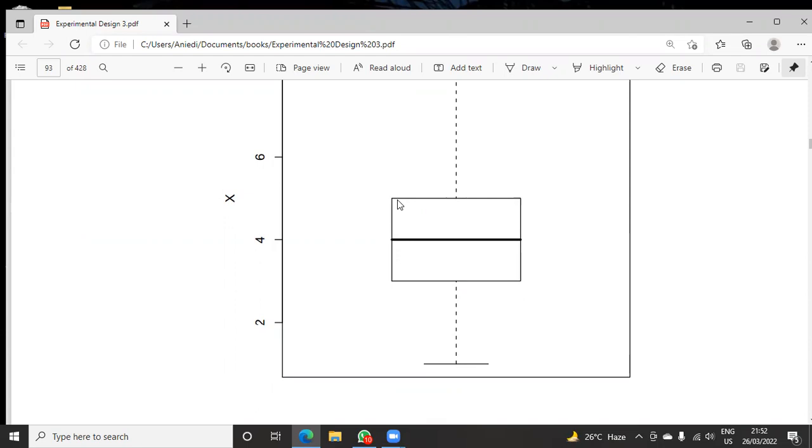The idea is to help whoever you want to explain to understand that this is the lowest, this is the first quarter, this is the median, this is the third quarter, and this is the highest of this data. This other data, this is it. You understand now?